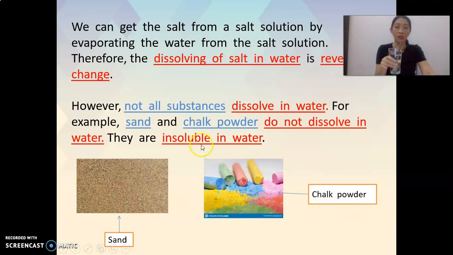When the chalk powder is added into water, then stir, this is insoluble in water. So, sand and chalk powder do not dissolve in water. They are insoluble in water.